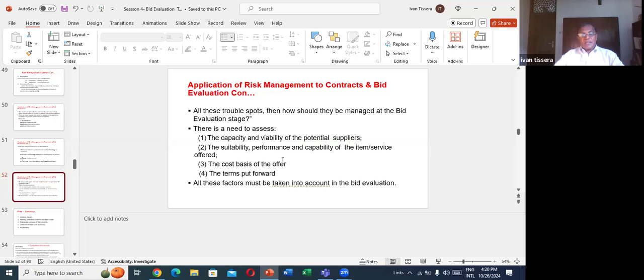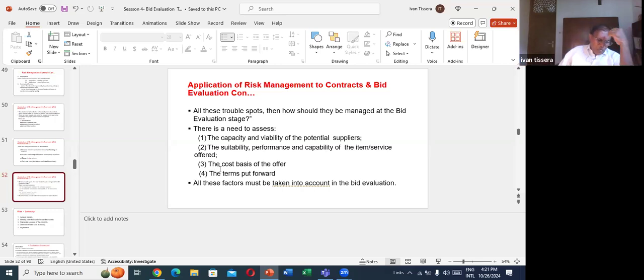The suitability, performance, and capability of the item or service offered, right? The cost basis of the offer: what is the basis of cost calculation? The terms put forward by the bidder and the entity. All these factors must be taken into account in the bid.